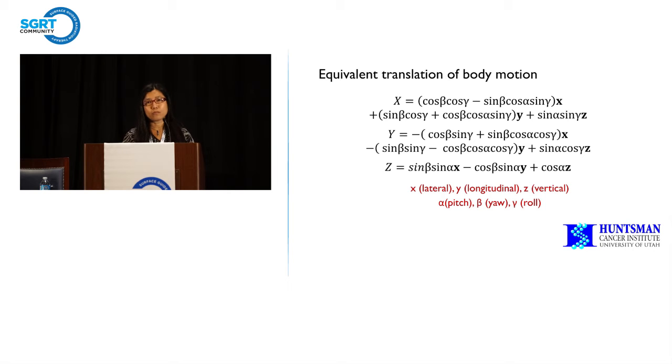By using the rigid body equivalent translation, here are the equations. This will be the lateral direction. This is the longitudinal. This is the vertical. By applying this 6-degree data to those, we can boil down every single time point to the equivalent translation.